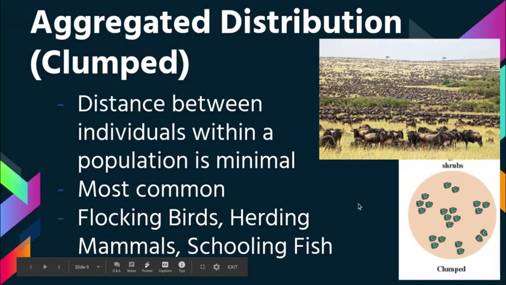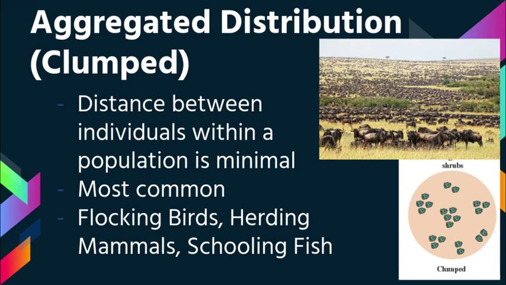So here's the first one, aggregated, which basically means clumped. These are animals, plants, organisms that tend to herd together, they group together, they stay in close proximity. They tend to have very strong social relations here. Wildebeest are the largest grouping of any animal on the planet.